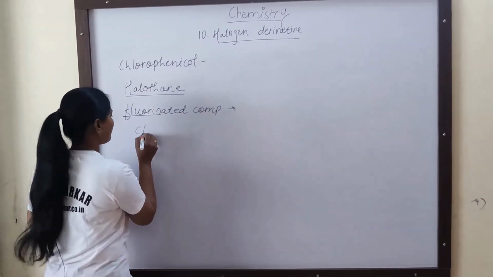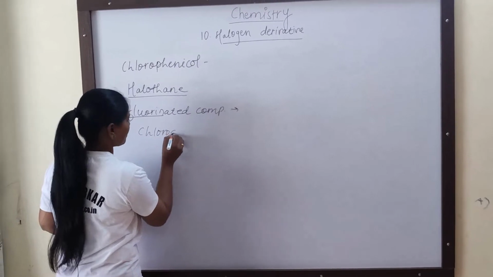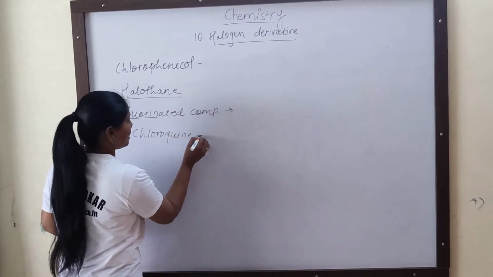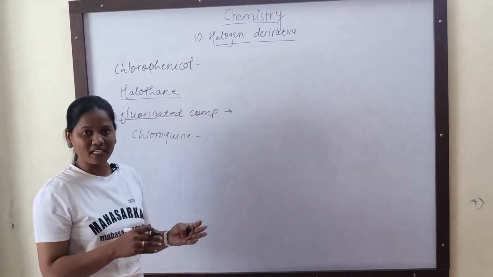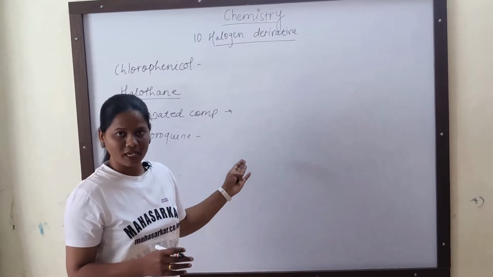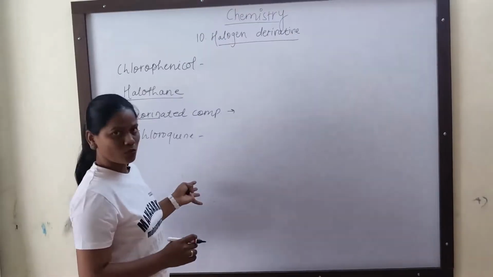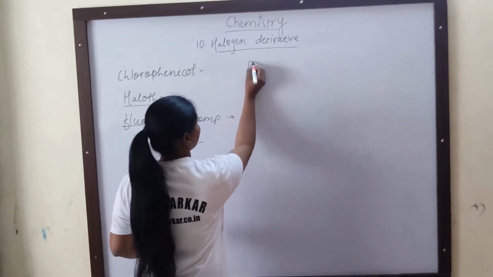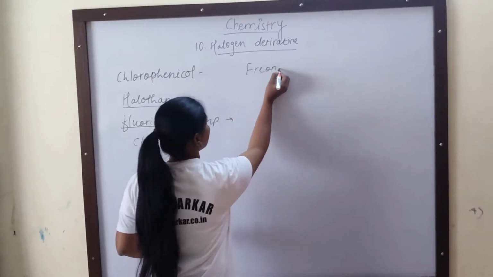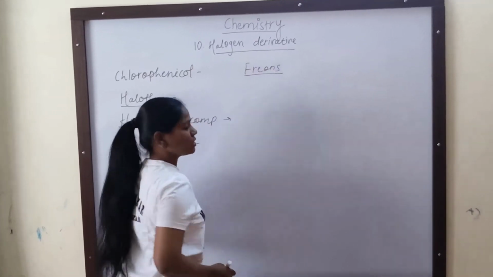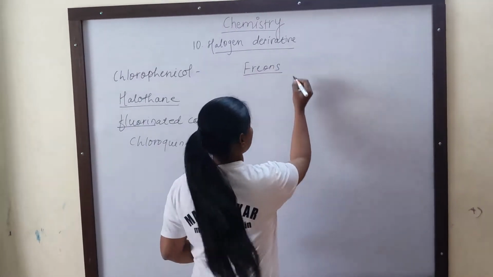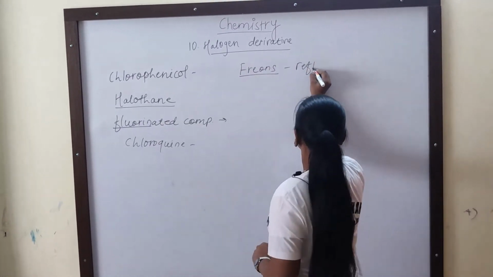Now next is chloroquine. It is also used as a medicine for the treatment of malaria. So these are the medicine uses. Next one is the freons. Freons are also halogen derivatives which are used as a refrigerant.